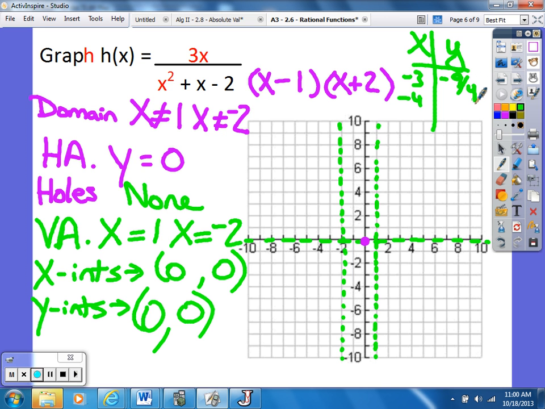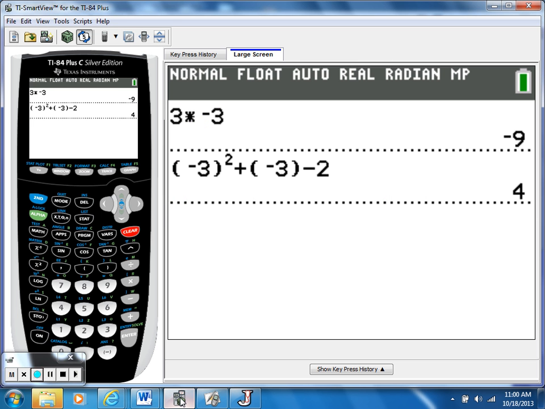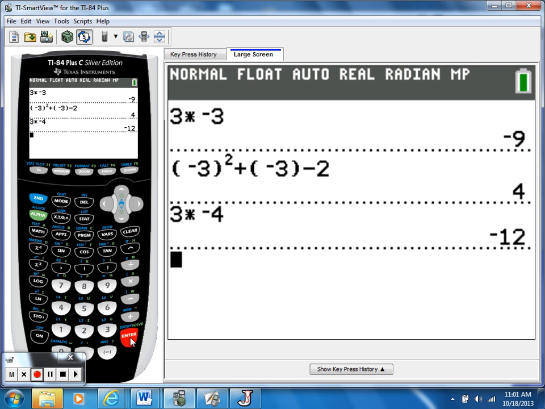Now, how many of you typed in what I typed in? If you type in what I type in, you can actually do this. Watch it. Are you ready? Second, enter. Second, enter. I'll change that to a 4. Second, enter. Second, enter.